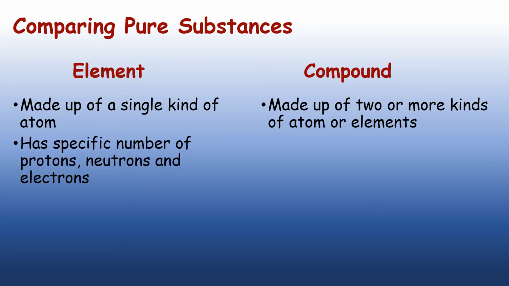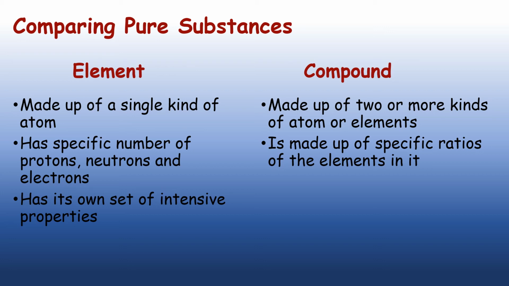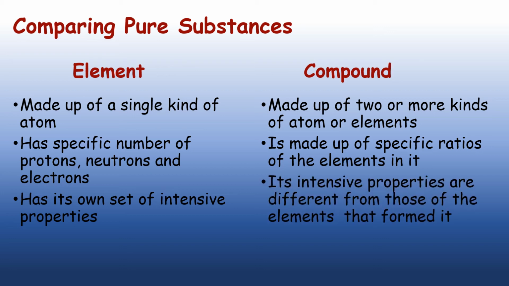Elements have specific numbers of protons, neutrons, and electrons in their atoms, while compounds are made up of specific ratios of the elements in them. Elements have their own set of intensive properties, while compounds also have their own set of intensive properties, but these intensive properties are different from those of the elements that formed them. Examples of intensive properties are density, boiling point, and melting point.